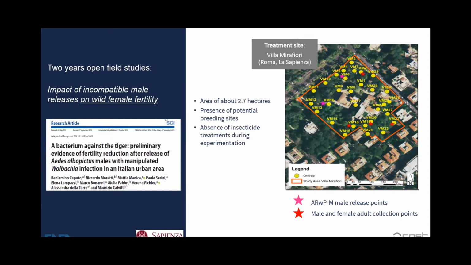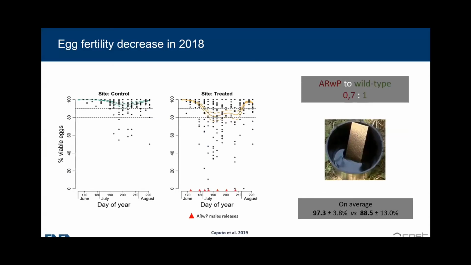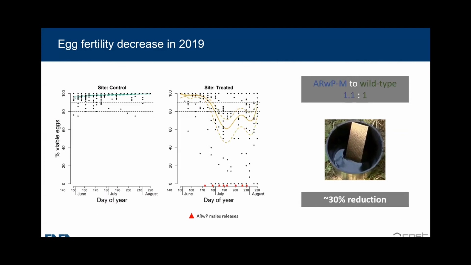The induced sterility shown yesterday, in 2018 and 2019, was achieved with an incompatible to fertile male ratio very low, well below the recommended 1:5.